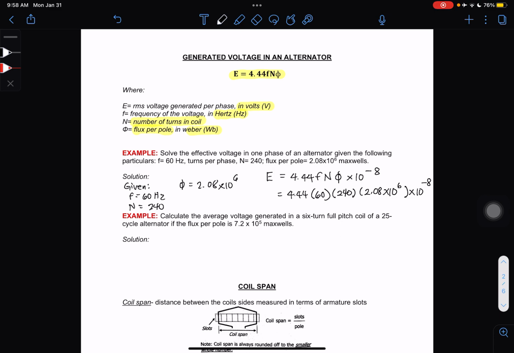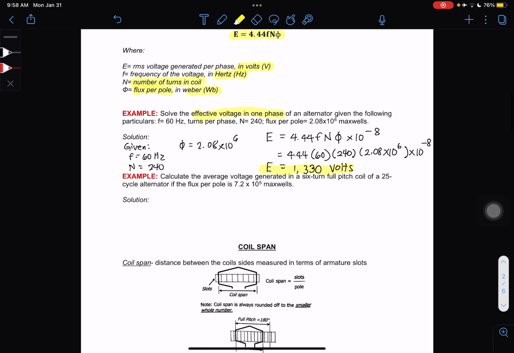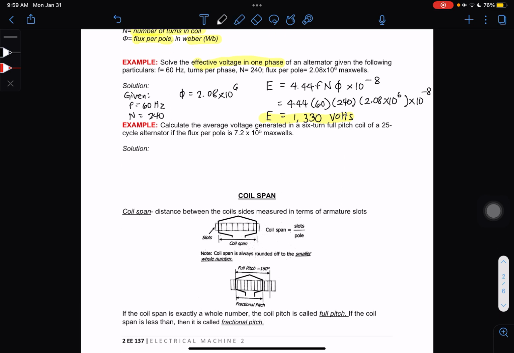Since it is in Maxwell, it should be converted to Weber. So our answer will be 1,330 volts. Therefore, our effective voltage in one phase is 1,330 volts.